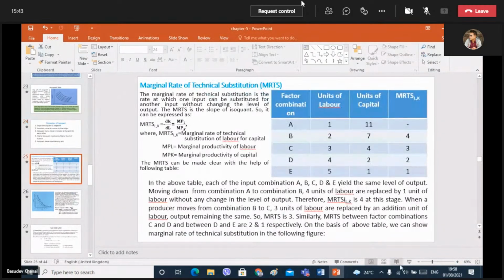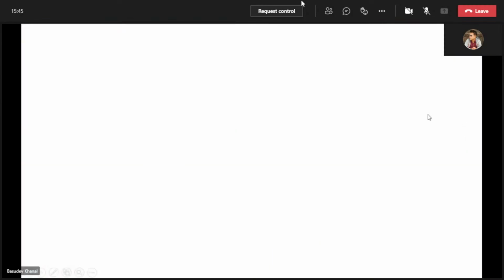Our next topic is marginal rate of technical substitution. I already discussed much about this MRTS. The rate at which some units of capital are substituted for one additional unit of labor is called marginal rate of technical substitution. It is denoted in short form as MRTS.